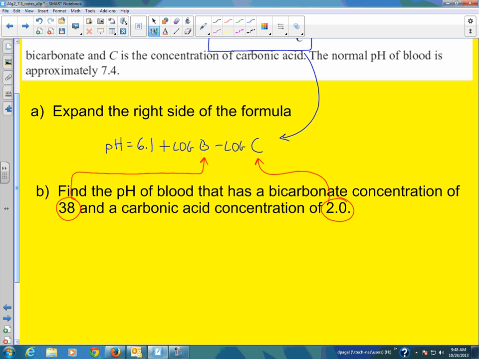is our carbonic acid. So now we get pH is equal to 6.1 plus the log of 38 minus the log of 2. Well, log of 38 is 1.58.